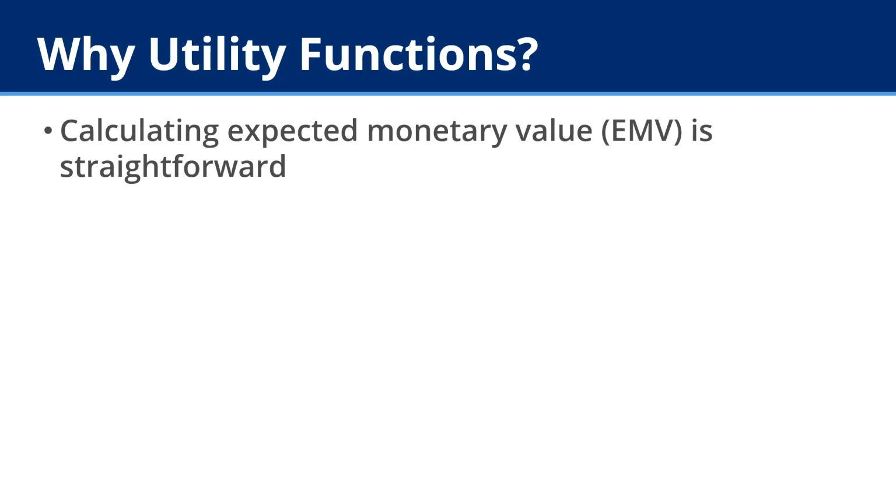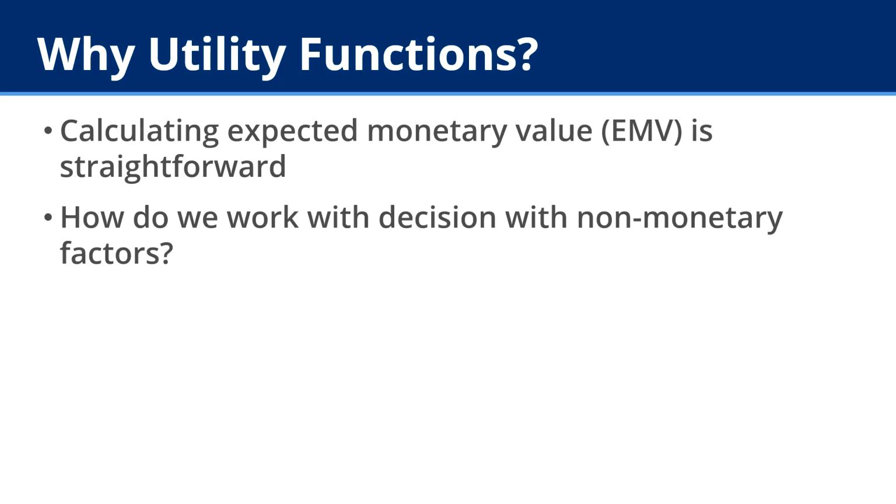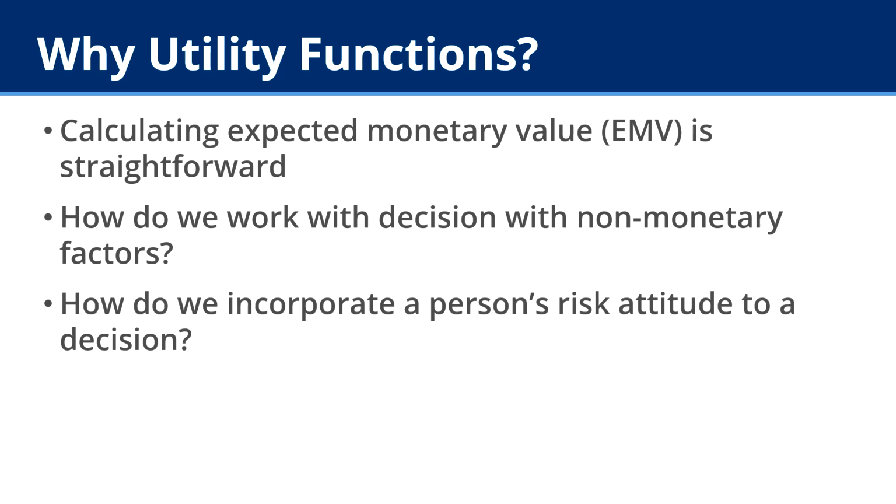But what if we're dealing with factors that are not directly related to some monetary value, or are hard to quantify? How do we deal with decisions with non-monetary factors? And also, how do we incorporate a person's attitude towards risk, basically a person's preference? How do we account for these factors?